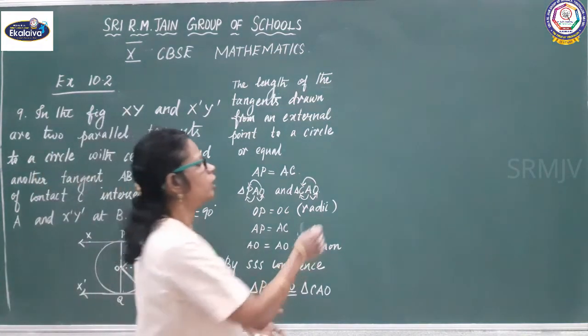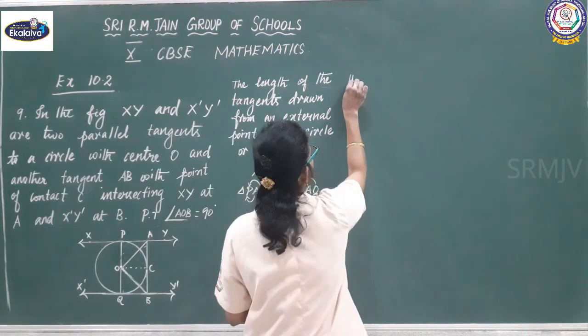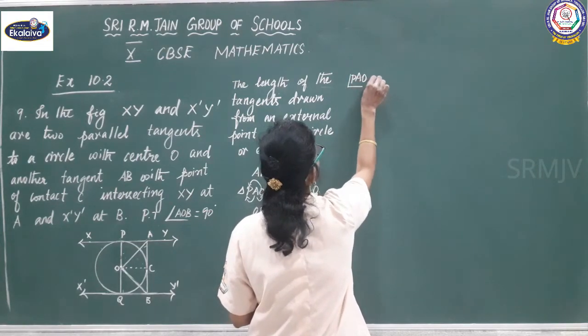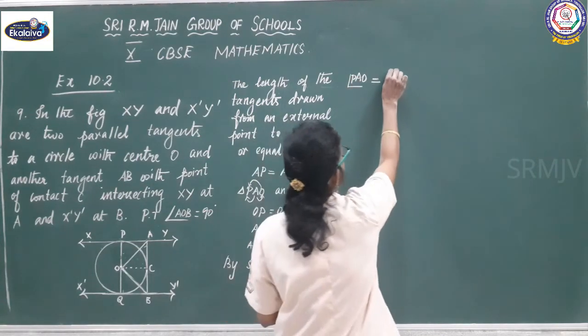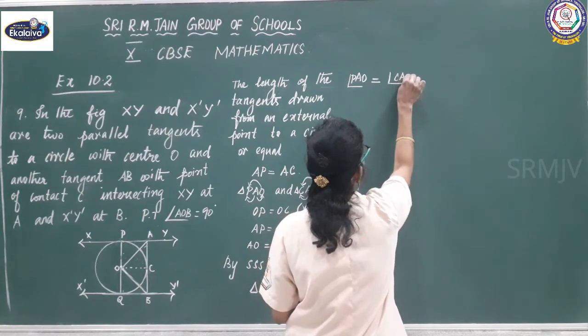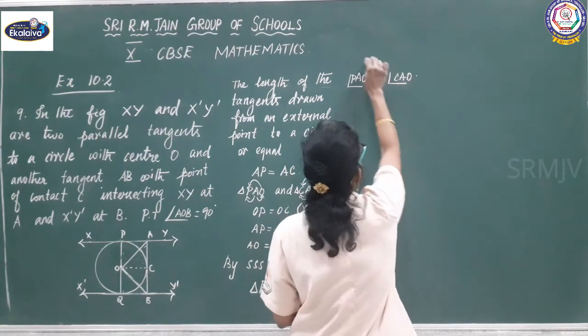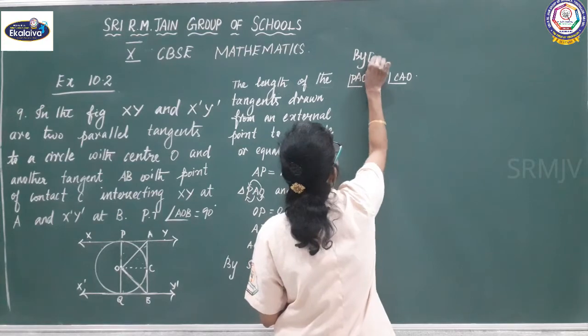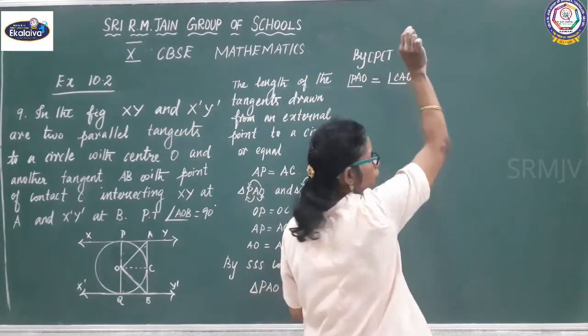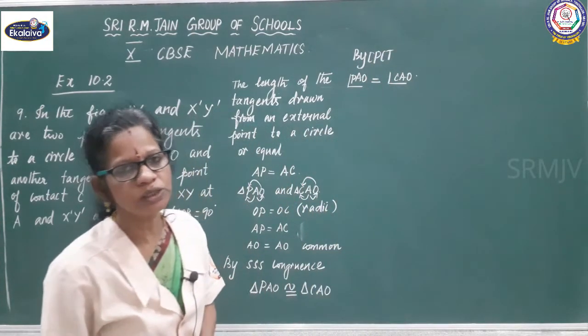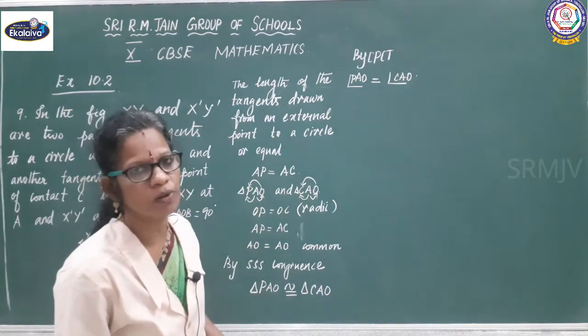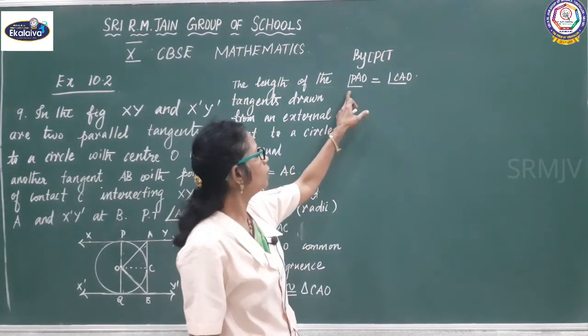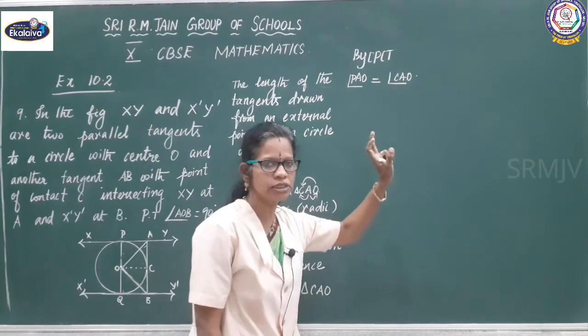That means angle PAO equal to angle CAO, right, by CPCT, corresponding parts of congruent triangles, the angles are equal, right.